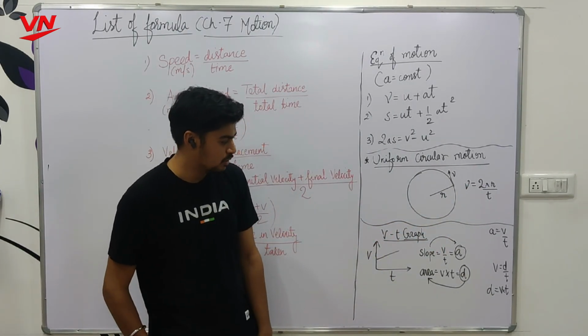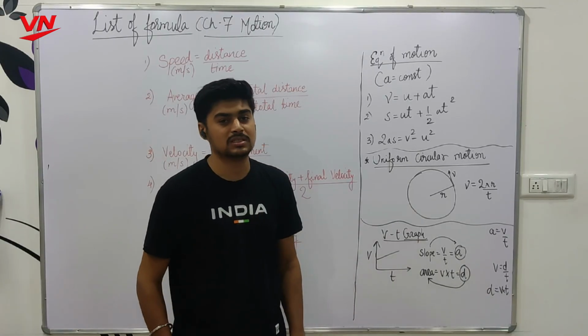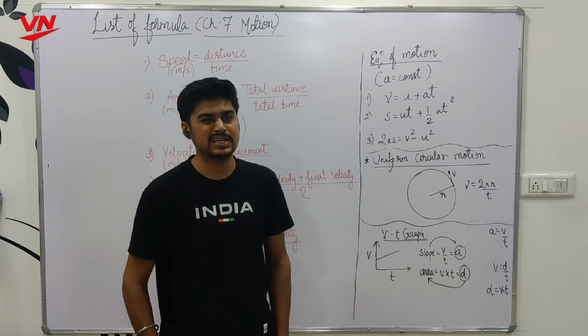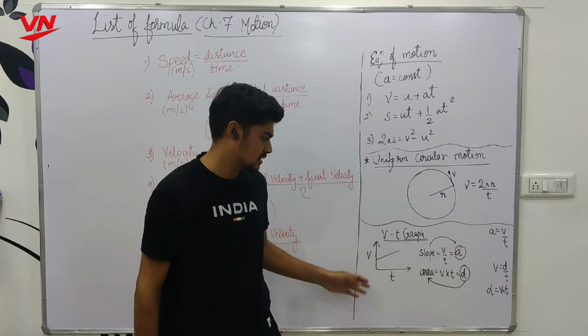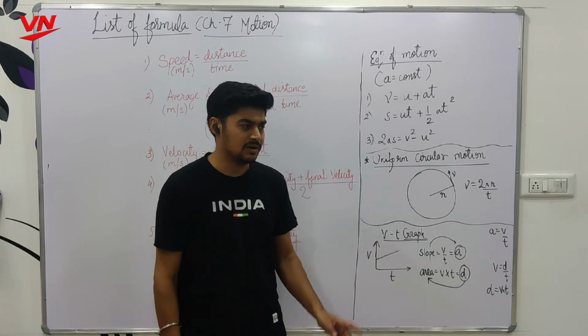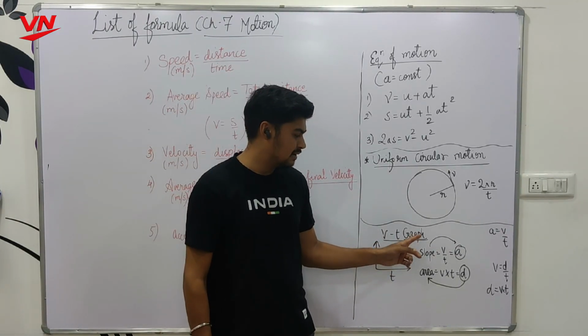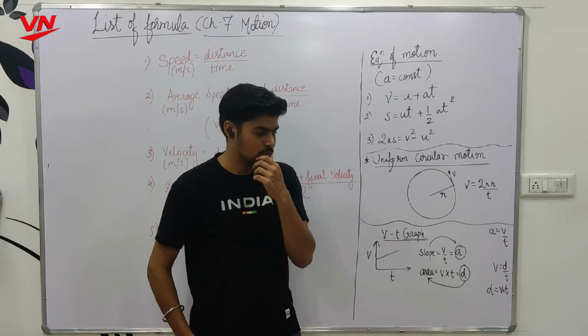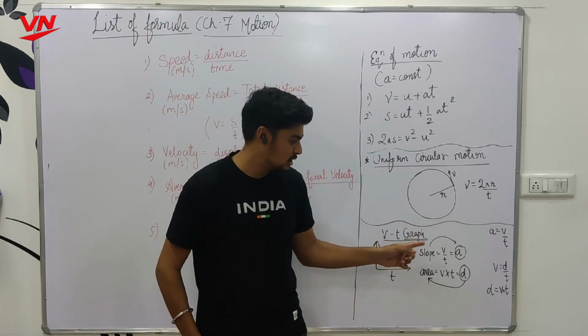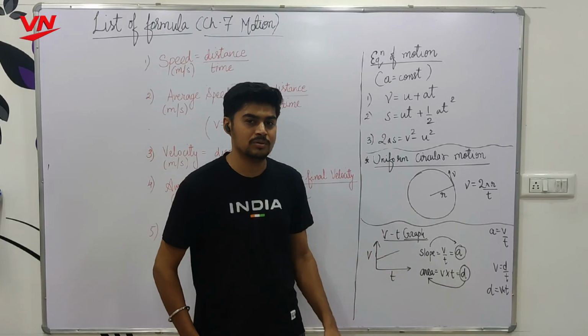One important question type is formed from graphs. For example, if you have a vt graph, velocity on the y-axis, time on the x-axis. There might be different types of graphs, but whenever it is asked to find the acceleration from the graph, you will calculate the slope. What is slope?